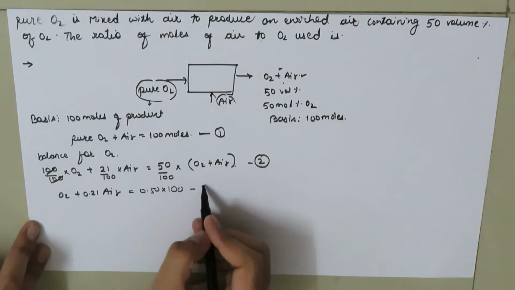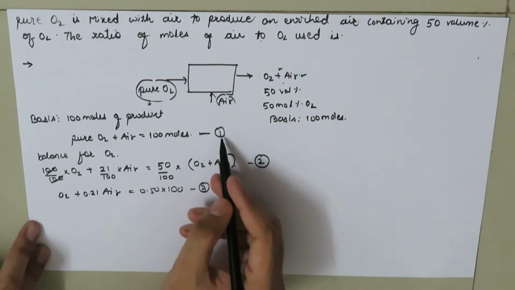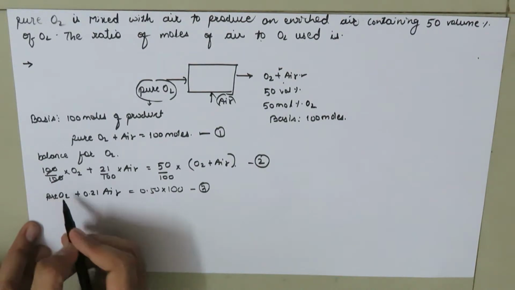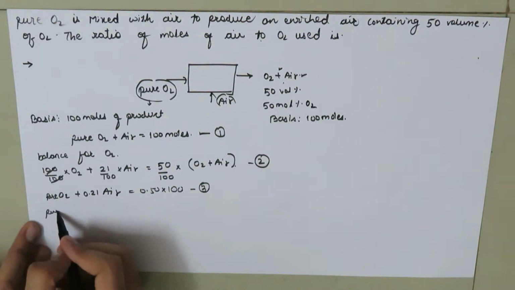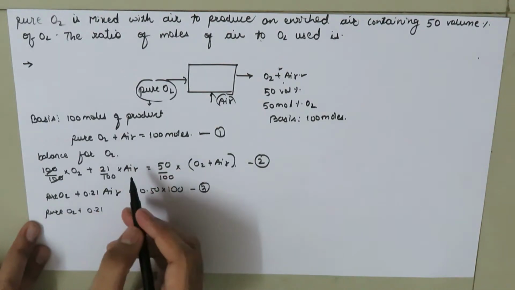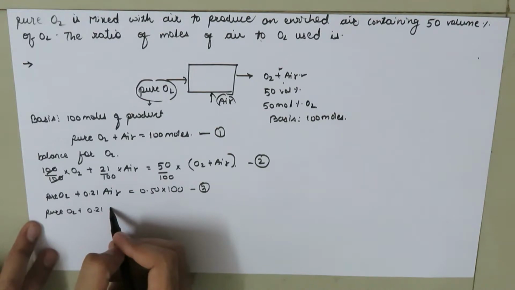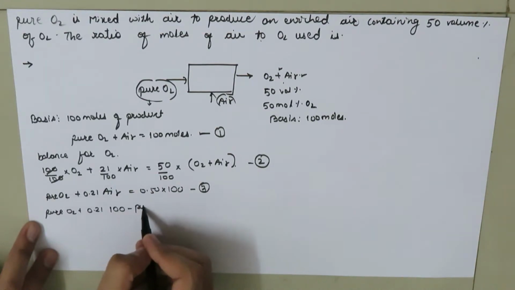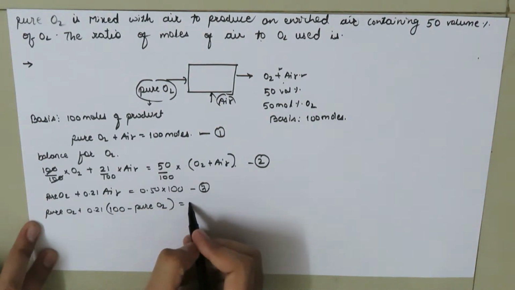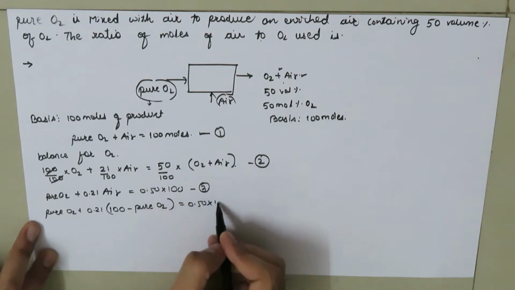Let's call this equation number 3. And from equation number 1 we can write air as 100 minus pure oxygen. So this is pure oxygen plus 0.21 times 100 minus pure oxygen, which is equal to 0.50 times 100.